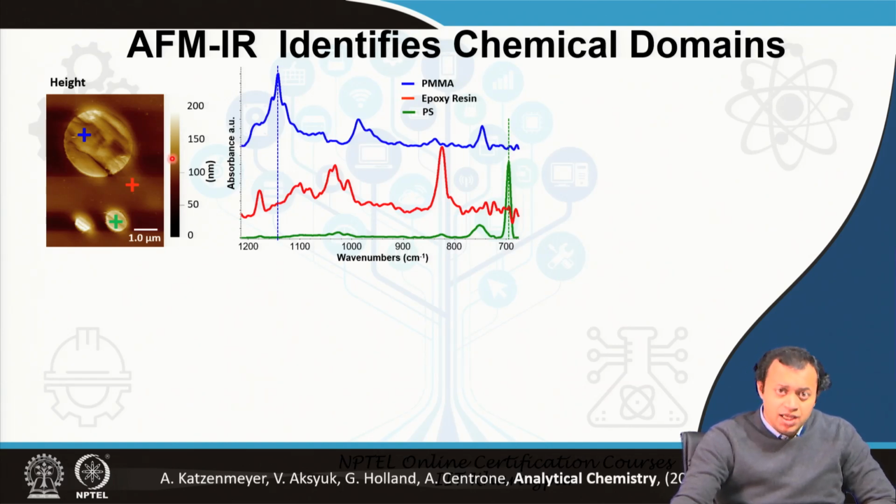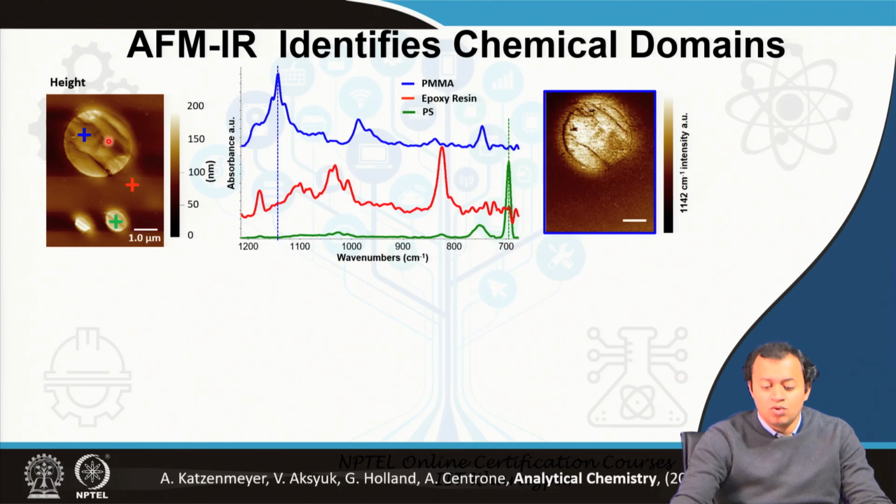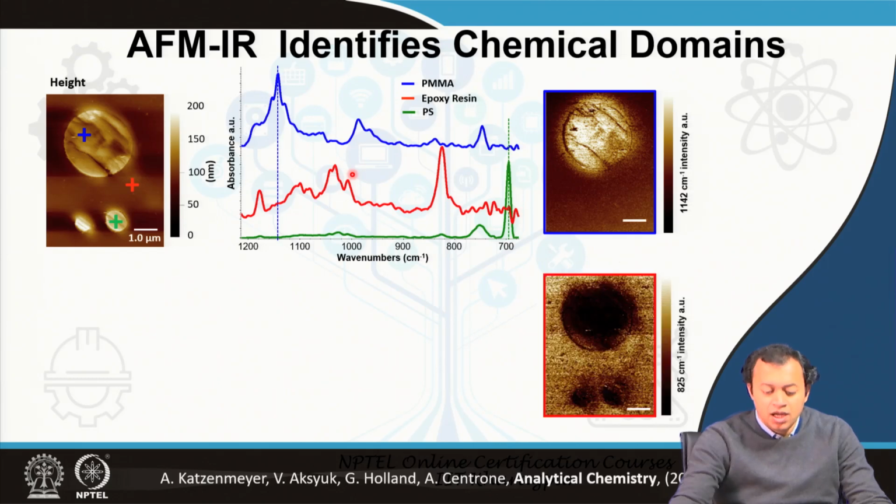I fixed my laser pulse frequency to match that of the absorption frequency of PMMA only, thereby I identify where PMMA is. Then I change it, it is a tunable laser pulse, I change the wavelength to that of epoxy, that is the background matrix.